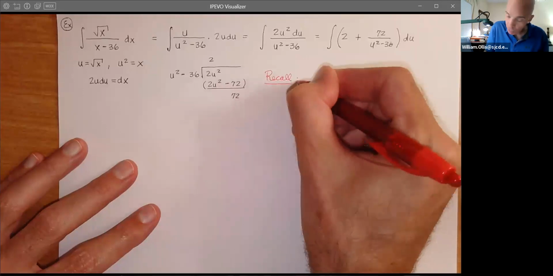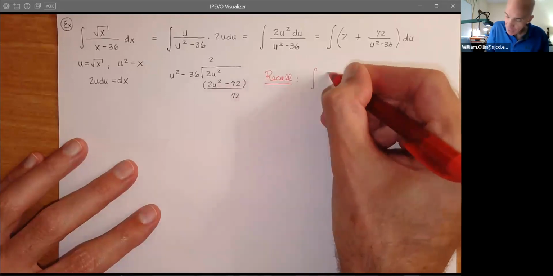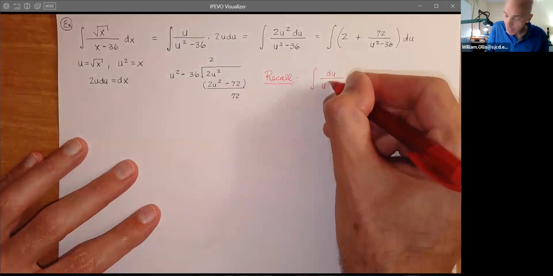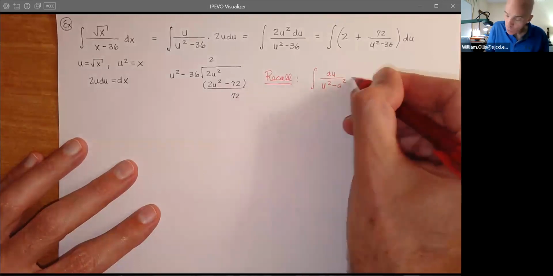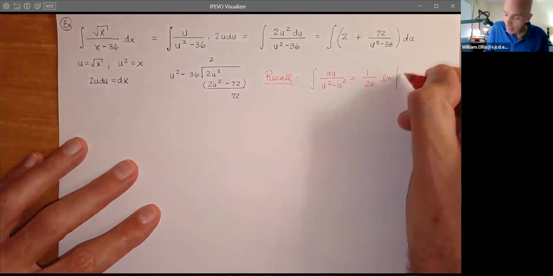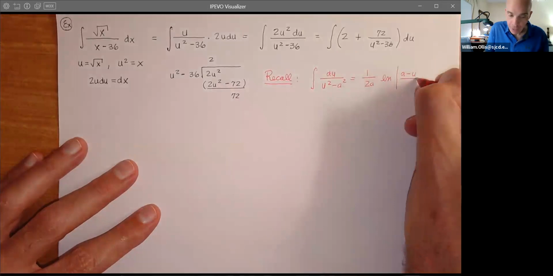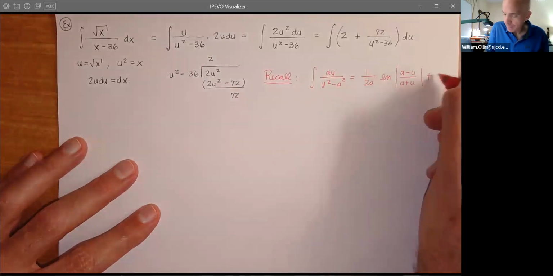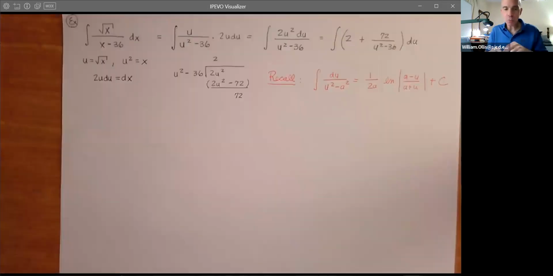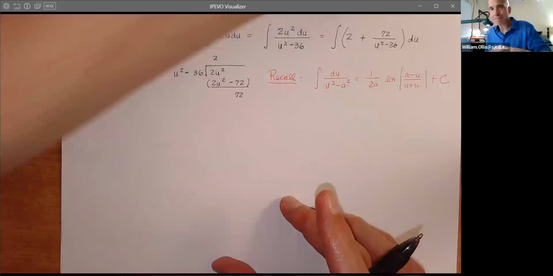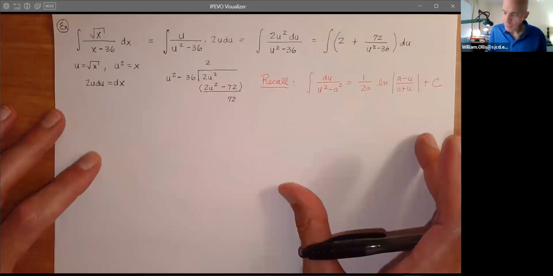So recall, du over u squared minus a squared is 1 over 2a ln of a minus u over a plus u, plus a constant. That was what we derived when we first started the partial fractions, and that's all we have.